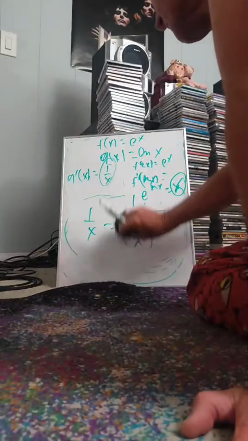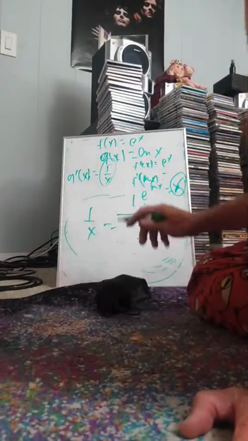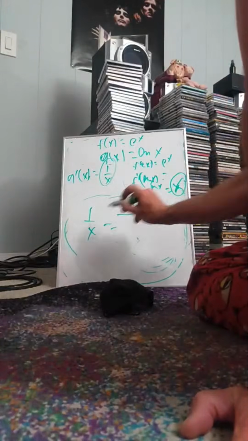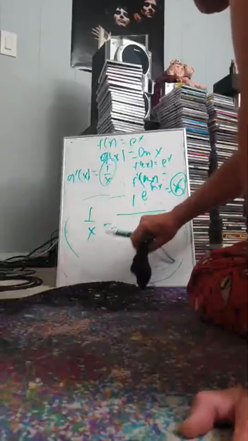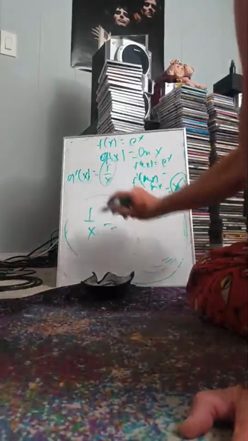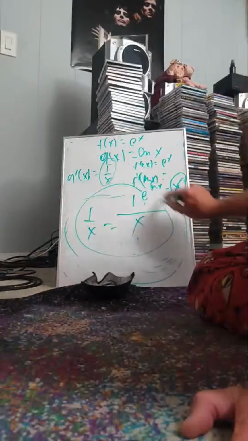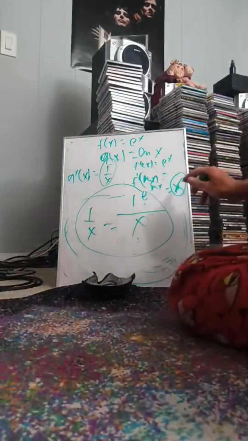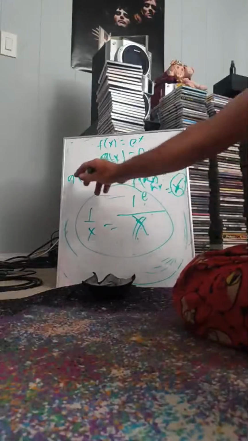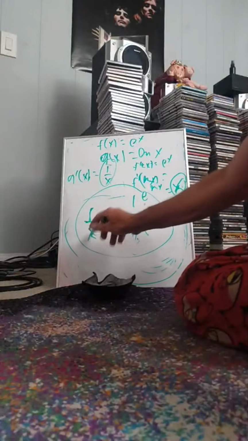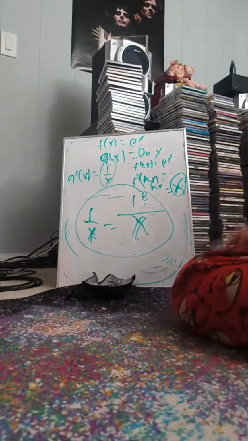Look at this: this is 1 over x, and the other thing is x. But they were supposed to be inversions. So 1 over x equals 1 over x. That's it. This whole big thing was x, so you had 1 over that, which was 1 over x. So it solves it.